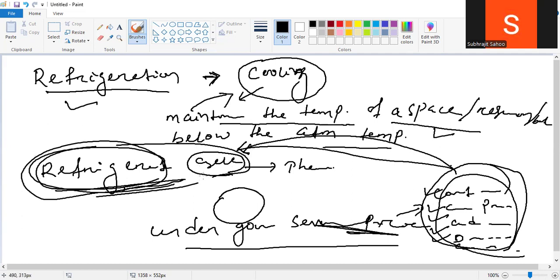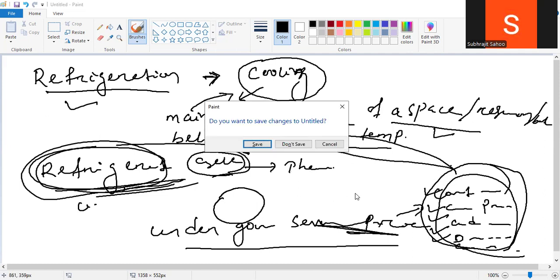The meaning is achieving the cooling effect by passing through several processes, and those processes constitute a cycle here, right? The meaning is not so difficult here.